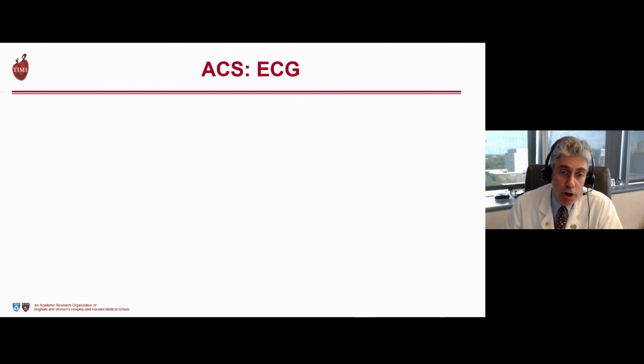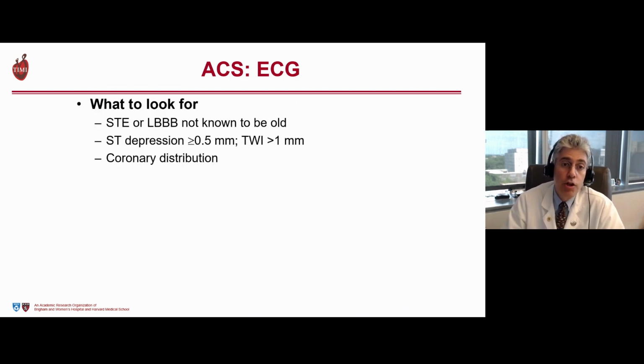Now, what about the electrocardiogram? We've talked a little bit about it. So what to look for: ST segment elevation or a left bundle branch block not known to be old, i.e. a new left bundle; ST segment depression as little as 0.5 millimeter; or T-wave inversions greater than 1 millimeter are significant.